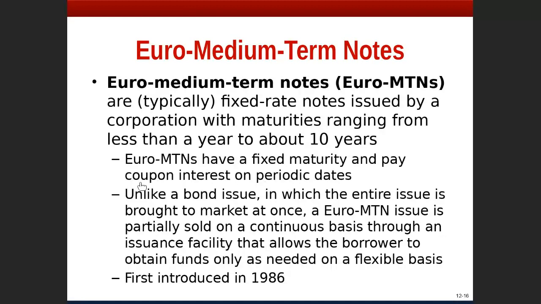Unlike a bond issue in which the entire issue is sold at once, a Euro medium-term note issue is partially sold on a continuous basis through an issuance facility that allows the borrower to obtain funds only as needed on a flexible basis. These bonds were first introduced in 1986.